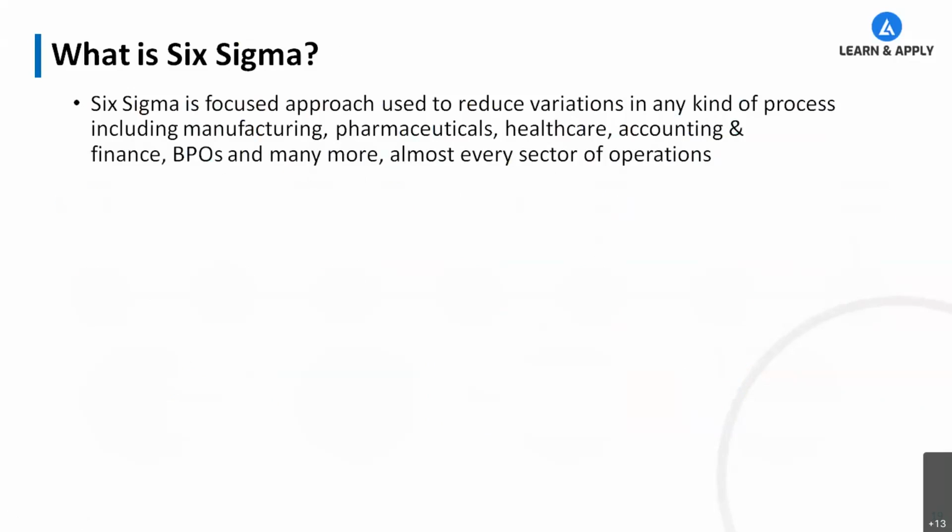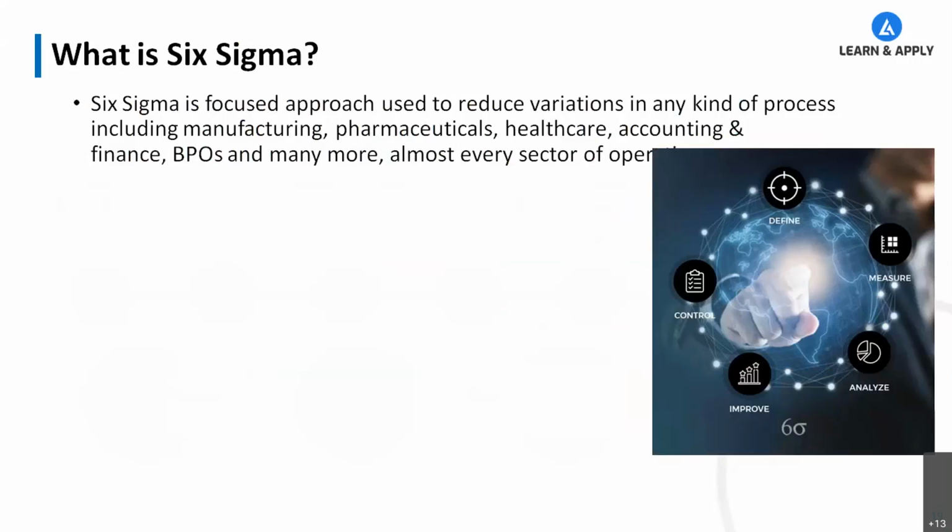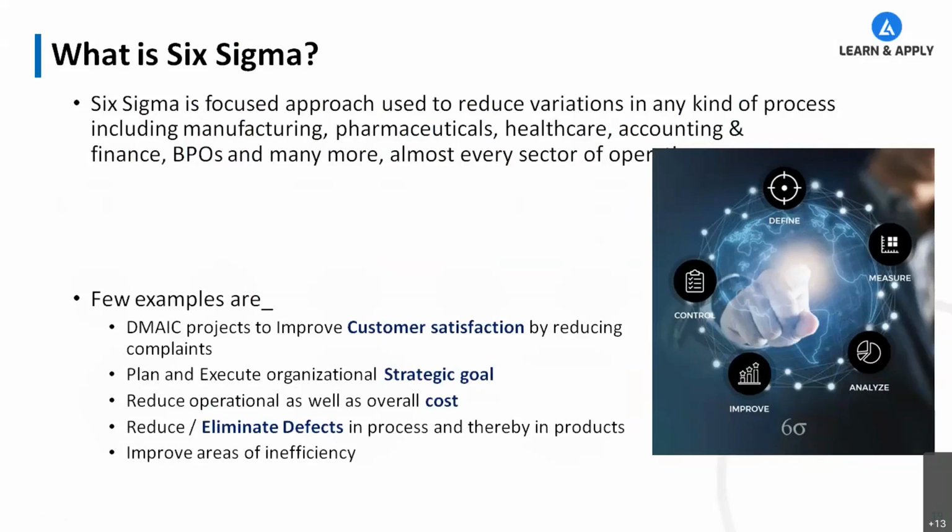As we have seen, the customer is whoever gets a product, service, or information. There are multiple sectors operating in our industrialized world, and there we can apply Six Sigma. And as in the starting slide, we mentioned this systematic approach: define, measure, analyze, improve, and control. This is the 5-phase approach that we are going to use in Six Sigma.